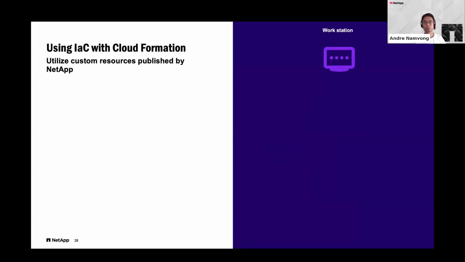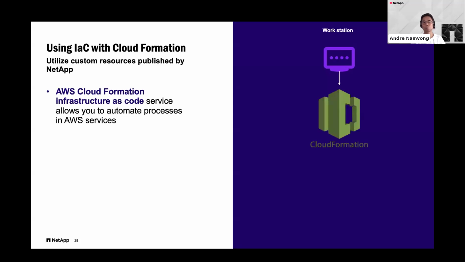A second option is to make use of infrastructure as code. The majority of customers that are running their workloads and have their landing zone on AWS usually make use of automation by means of infrastructure as code.